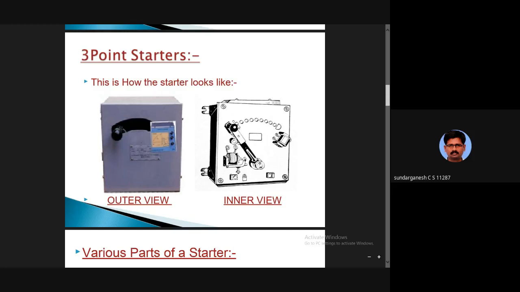If you move one position up, some part of the resistance will move out of the circuit. If we go to this end, all the resistance will be cut off. This electromagnet will hold the handle thereafter. This is the inner view of the DC starter, and this is the outer view. The first one is the 3-point starter.